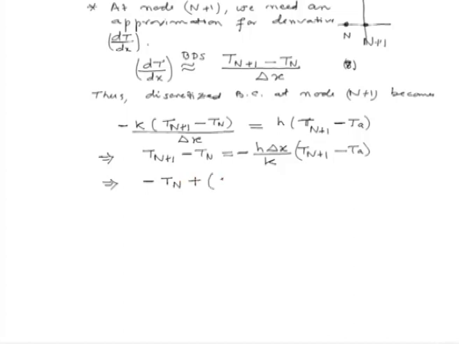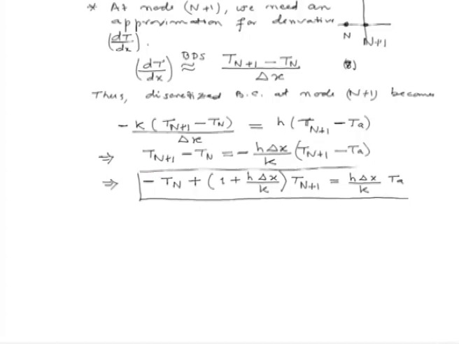So, we get 1 plus h delta x by k times Tn plus 1 is equal to h delta x by k times Ta. So, let us call this equation 8.